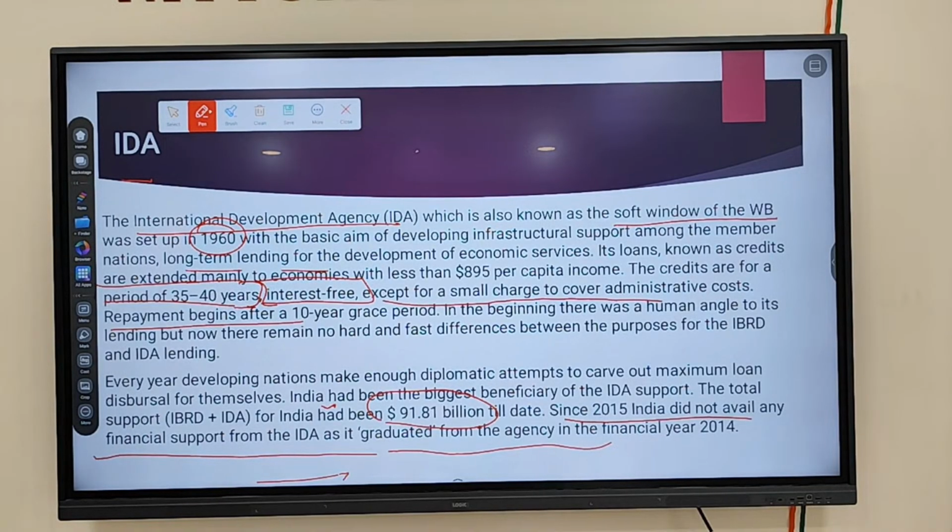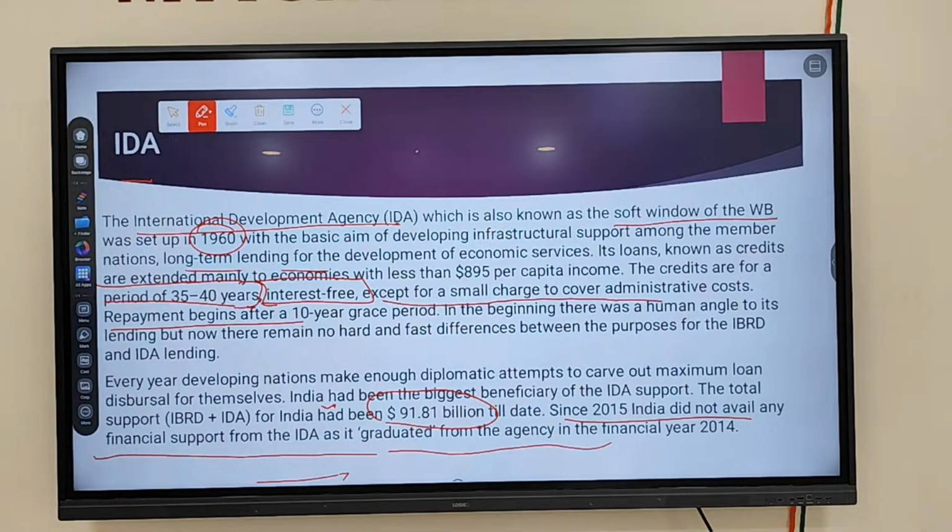Why did India shift away from taking loans from IDA? Why is it not taking the loan from 2015? There might be a reason. Here India's per capita income is increasing. What is per capita? Per person's income is increasing, and we are not among the poorest countries in the world as of now. We are a developing nation.